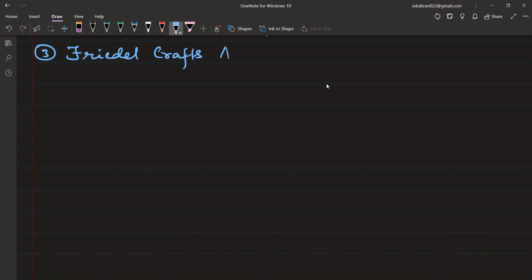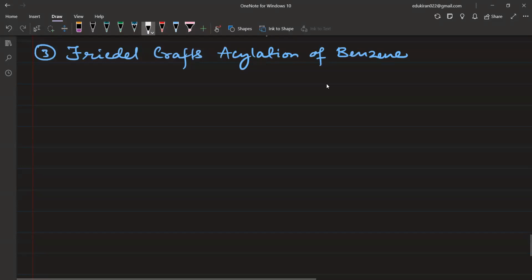Friedel-Crafts acylation of benzene. Please write.